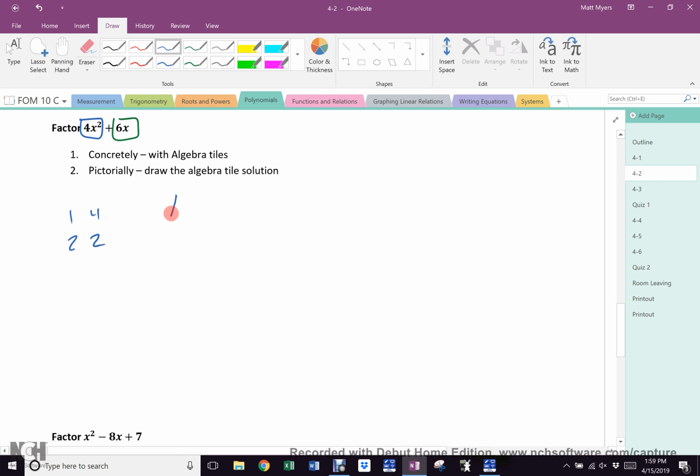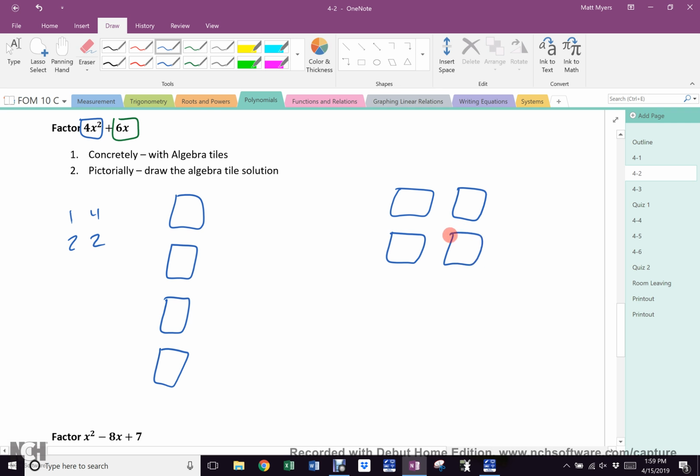So I am either 1, 2, 3, 4, or 1, 2, 3, 4. Agreed? Okay. What are my options to break down 6x? I'm either 1 and 6 or 2 and 3, correct?